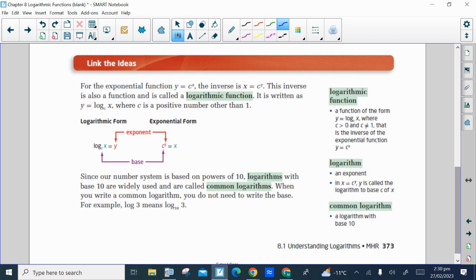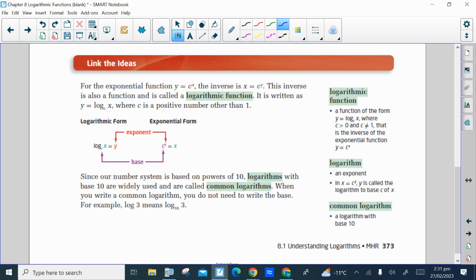If you start with c to the y equals x, that exponential function has a base of c. Notice that the logarithmic form also has a base, and it is the same. The base of the log will equal the base in the exponential form. The base in the exponential form will equal the base in the logarithmic form.